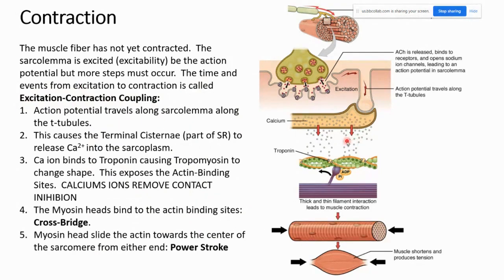Calcium needs to be released from the SR. Calcium has to bind to troponin. That moves tropomyosin out of the way. Now that binding sites are exposed, the myosin head binds to actin, and now we have the power stroke. So the time it takes for that is called EC, or excitation-contraction coupling.